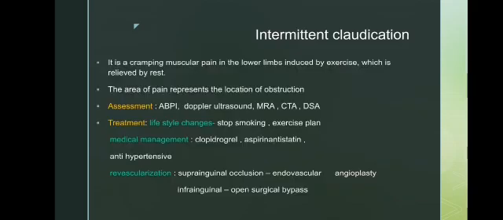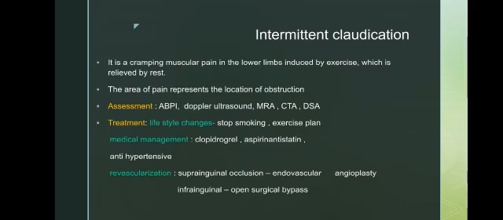So a good history gives us an indication, and also the distance after which claudication starts is called the claudication distance. As the disease progresses, the distance the patient can walk before this pain starts gradually reduces. And how do we assess a patient with intermittent claudication?